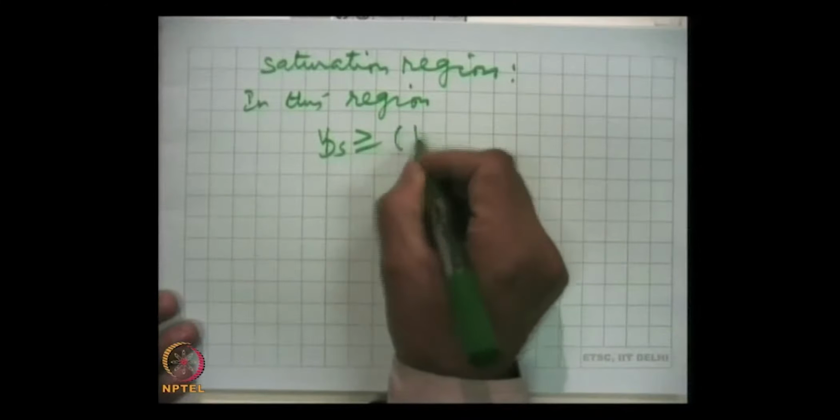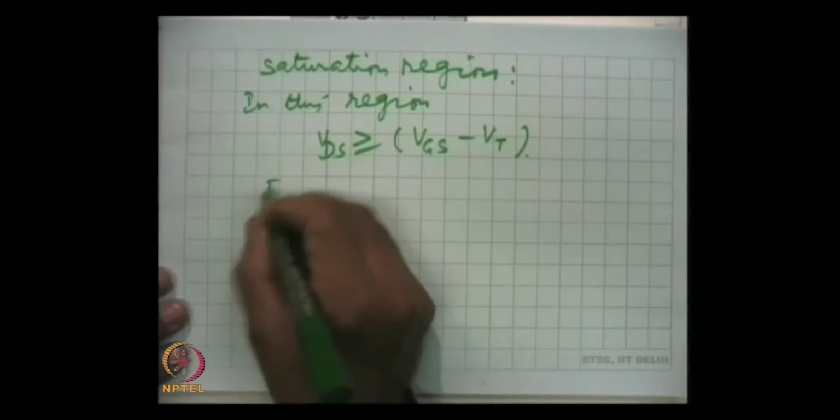Here, as the relation shows, the drain current ID is almost independent of VDS. It depends very little, but for the time being we may say that the drain current is not a function of VDS.